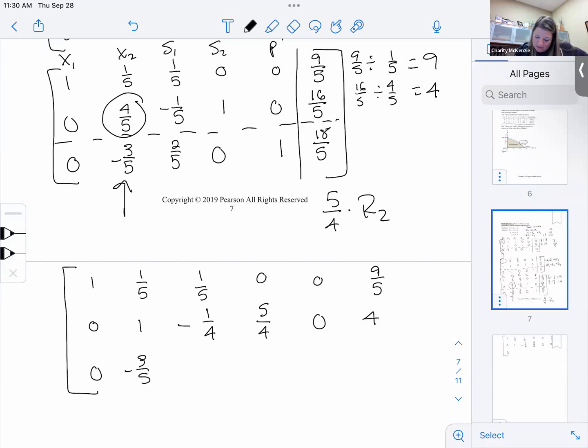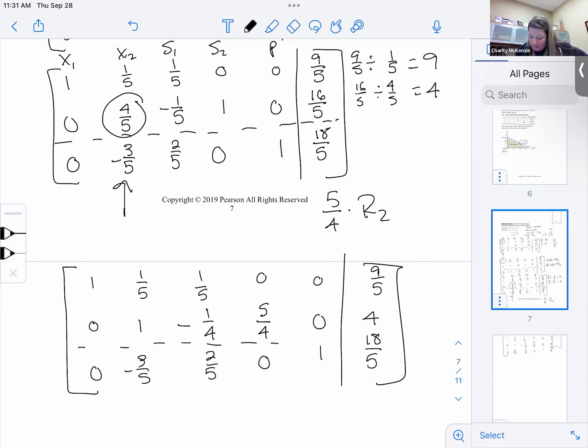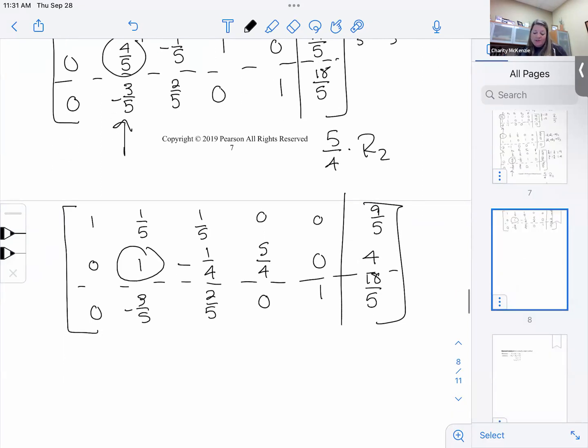Negative 3/5, 2/5, 0, 1, 18/5. Okay, that's our pivot. And it looks like we only have one negative indicator left, so this will be great. So we're almost done.